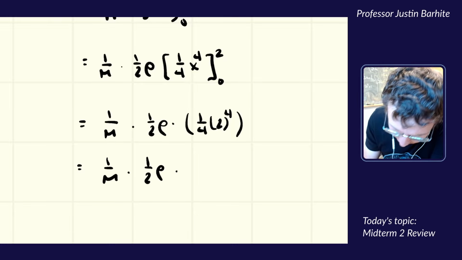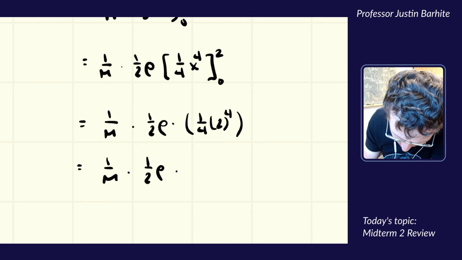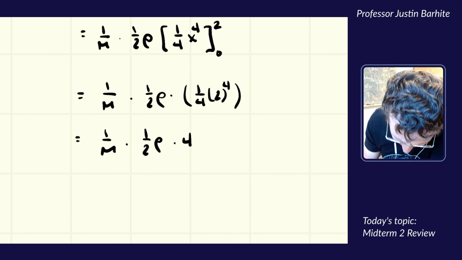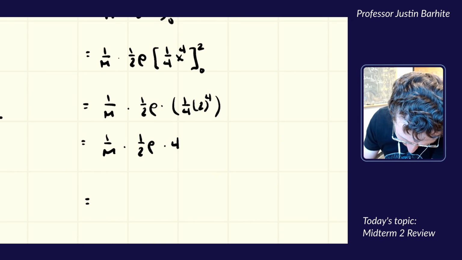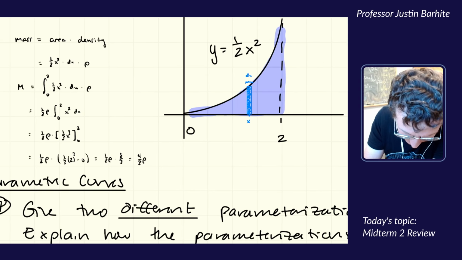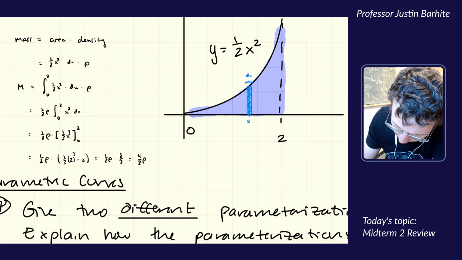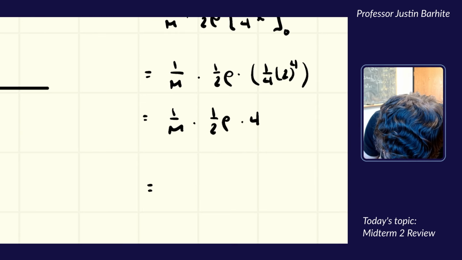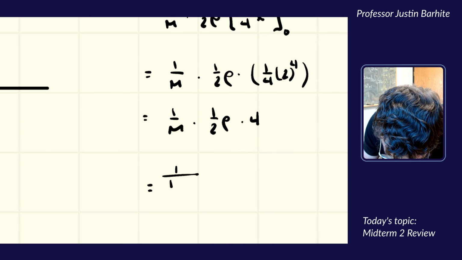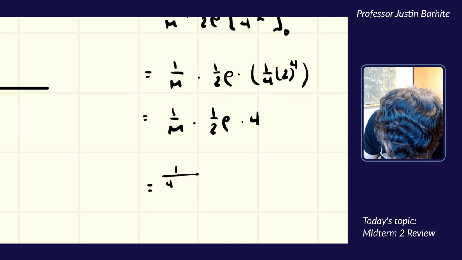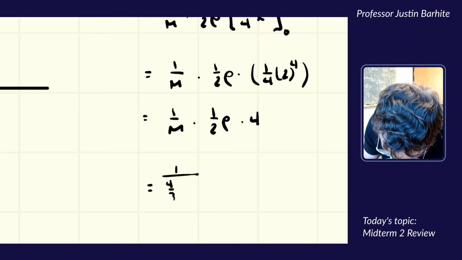So 1/4 times 16 is 4. And let me remind myself what the total mass was. It was 4/3 rho. So I have the reciprocal of 4/3 rho.